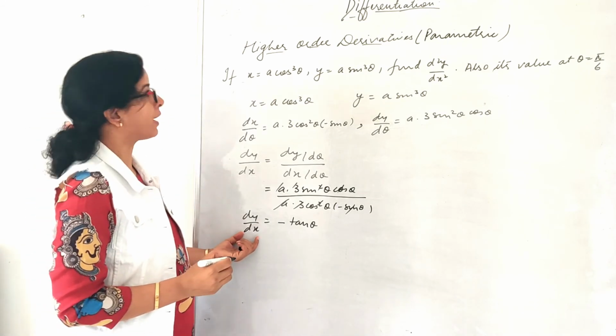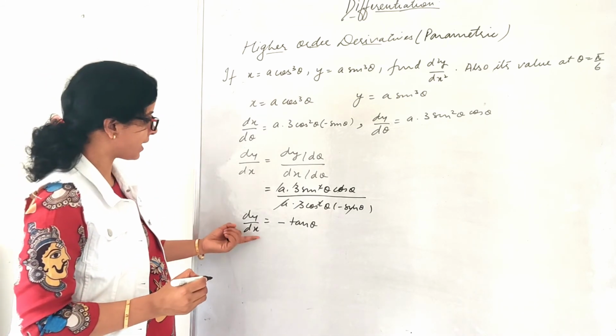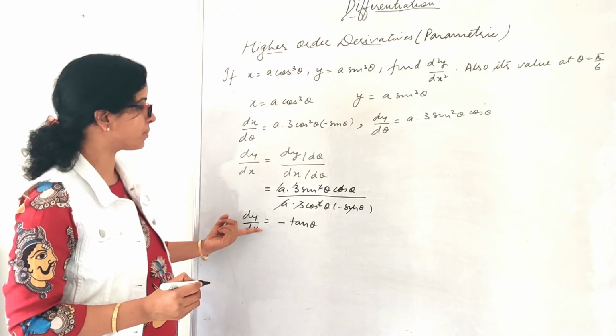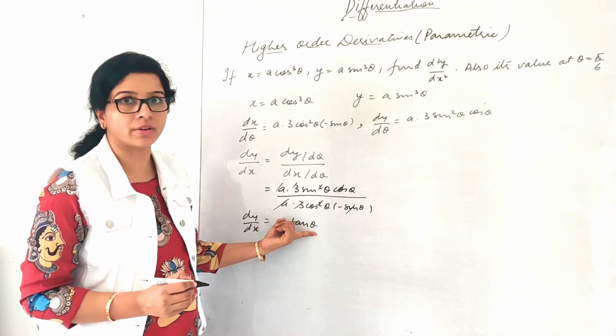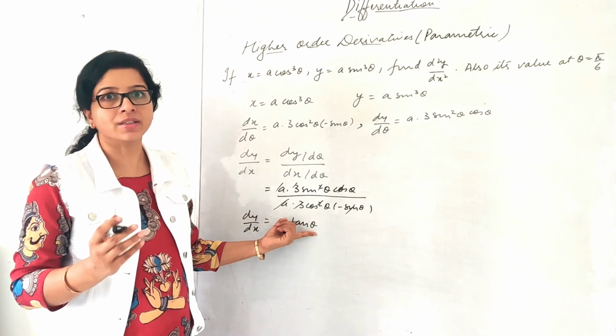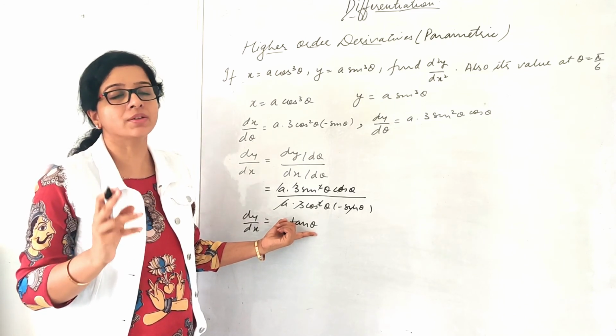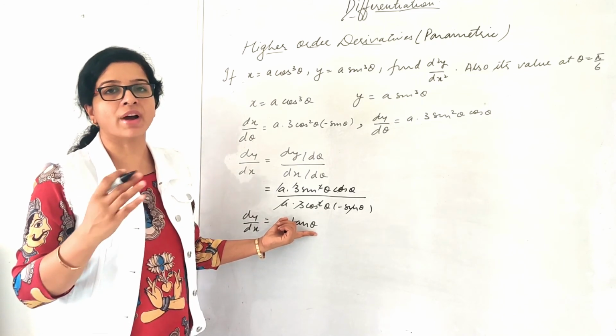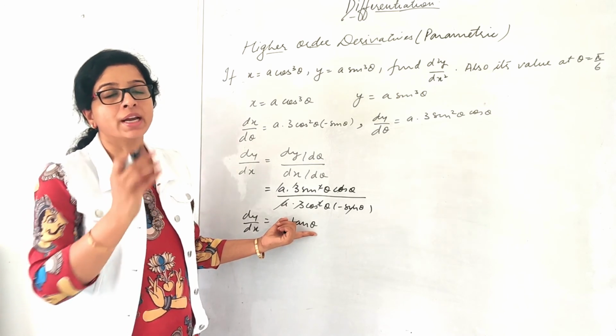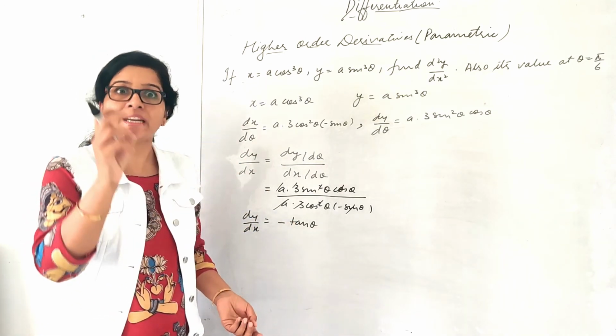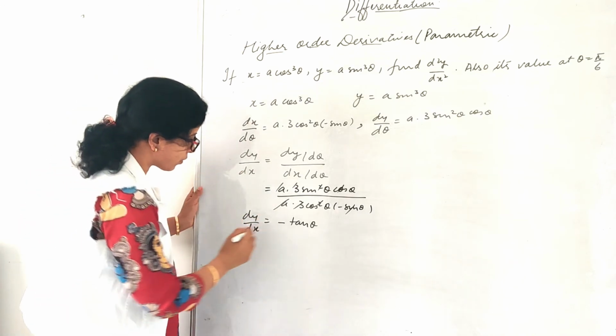Now I have to find d2y by dx2, right? Here I am differentiating with respect to x, but my function is in terms of theta. Whenever such a case arises, as with implicit functions, along with the function we write dy by dx. Here also we do the same thing.